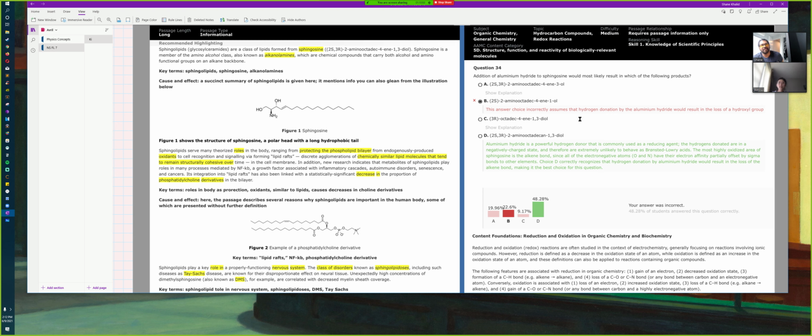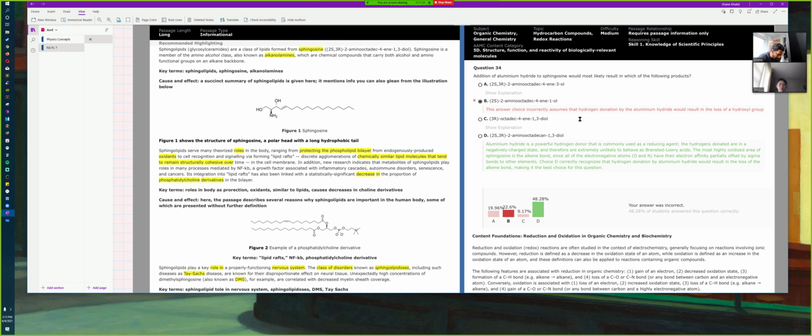But isn't there another way to think about reduction, like if something gets a hydrogen? Let me put it this way: it ultimately comes down to the electrons. Generally speaking, hydrogens can play a role, but the hydrogen is going to be some type of hydride.